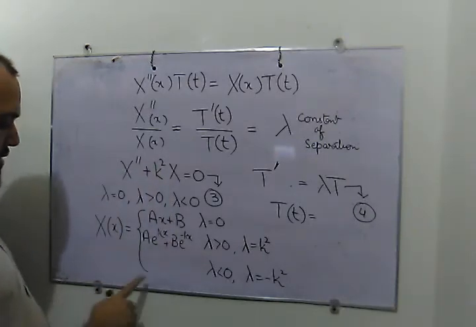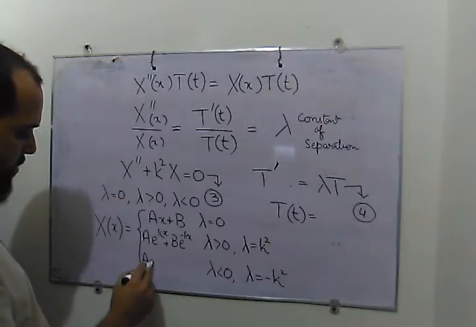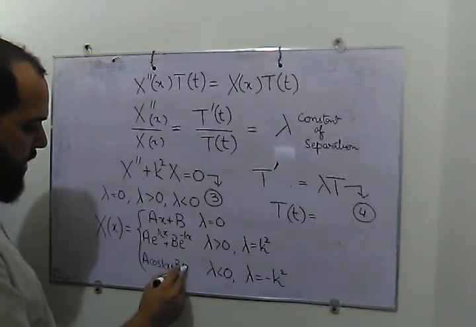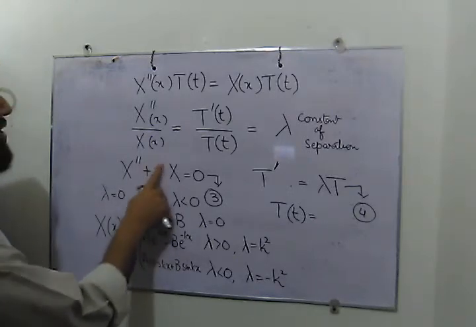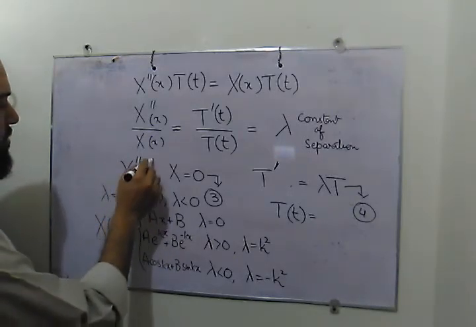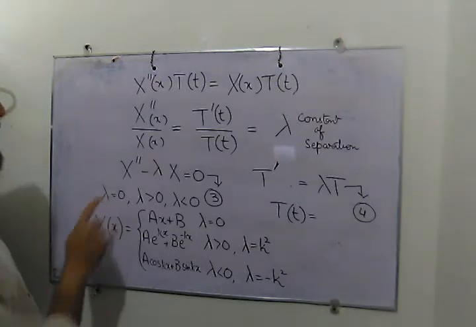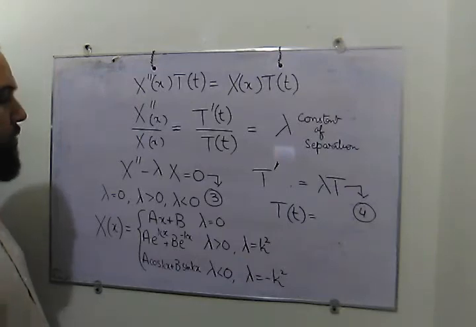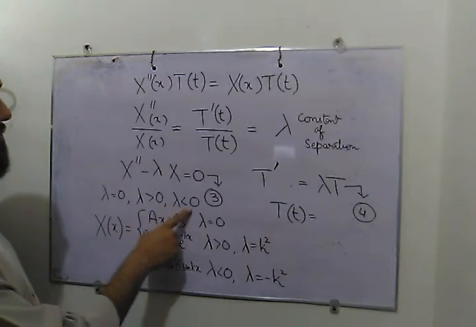In that case, the solution that satisfies this equation would be a cos kx plus b sin kx. So we see that for a general equation X double dash minus lambda X is equal to 0, three solutions exist for three cases of lambda. Now we are going to find them one by one for each case. We call it case 1, case 2, and case 3.